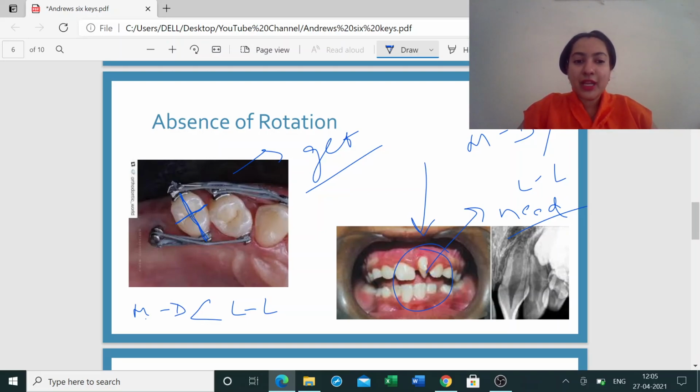Next situation, your lower second premolar. Note, your lower second premolar is rotated. Suppose it is mesiobuccally rotated. Okay. So if you want to derotate a lower second premolar, will you get space or do you need space to correct the rotation? The answer is we will get space after we correct the rotation. After we derotate the second premolar, we will get space in the arch, right?